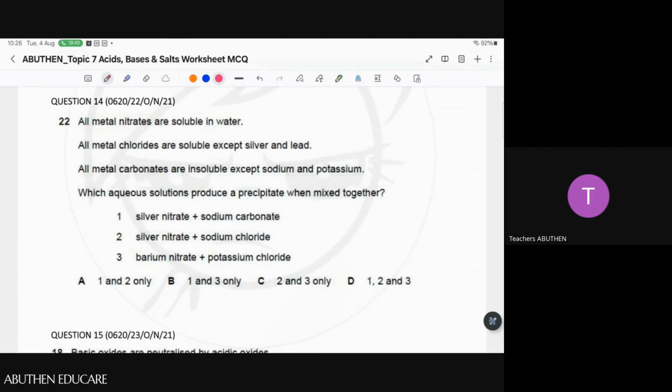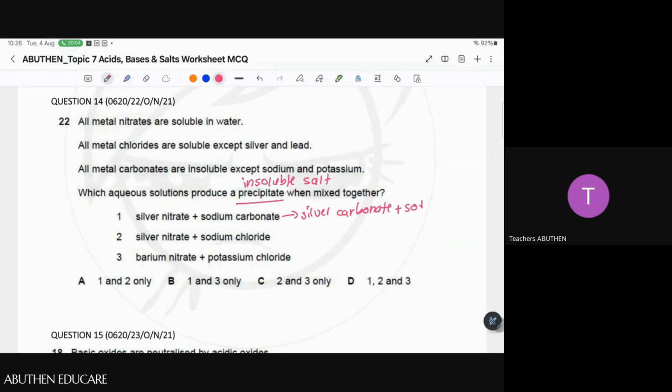Once an aqueous solution produces a precipitate, this is an insoluble salt. Just write the product that you can form first, then you're going to get the answer. I'm getting silver carbonate and sodium nitrate. Remember, just exchange the partner.